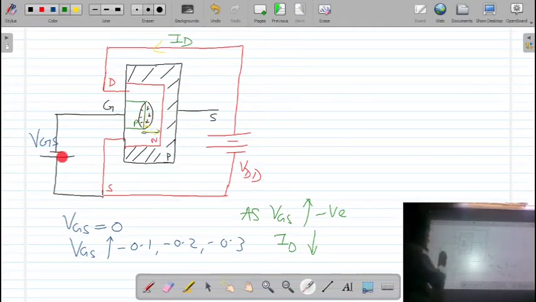As VGS increases, the depletion layer increases, so the conduction width decreases, so the drain current decreases. So this voltage controls the current. So sometimes it is called a voltage operated device.